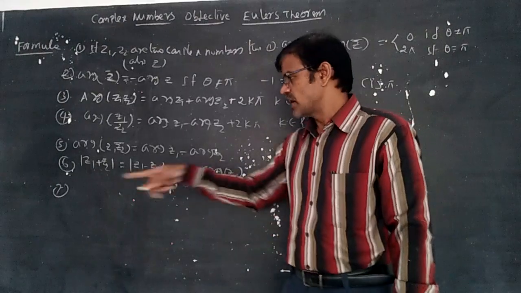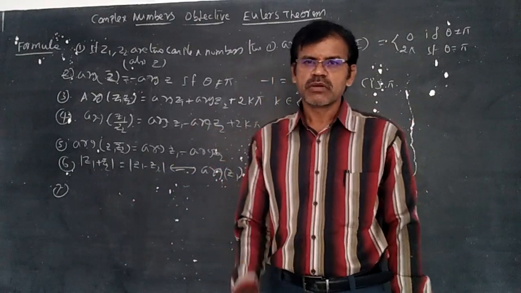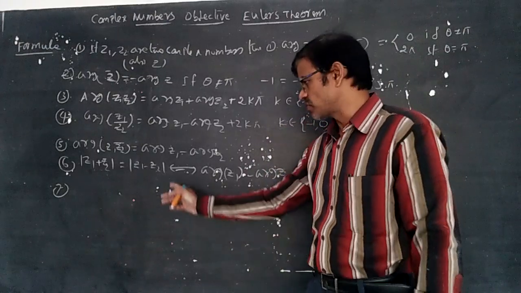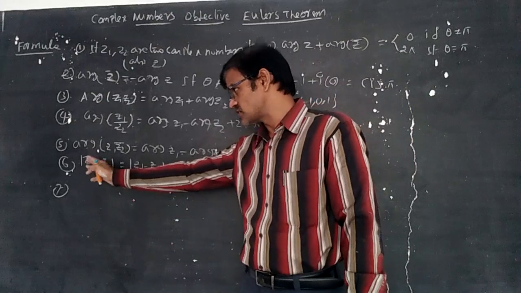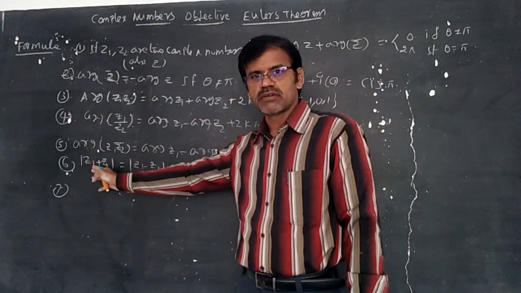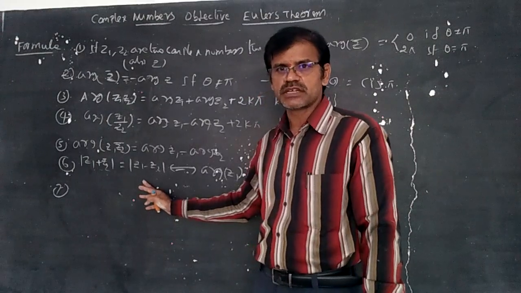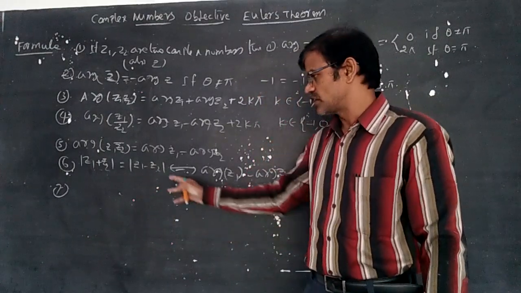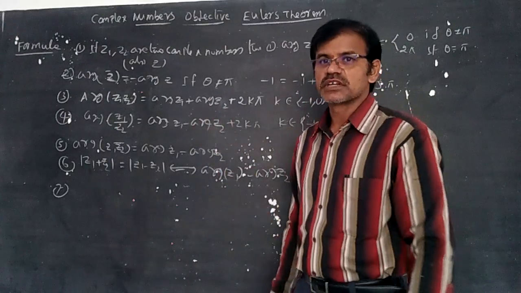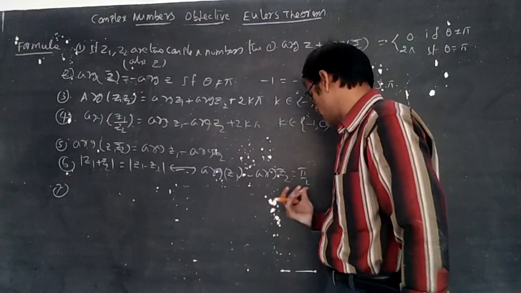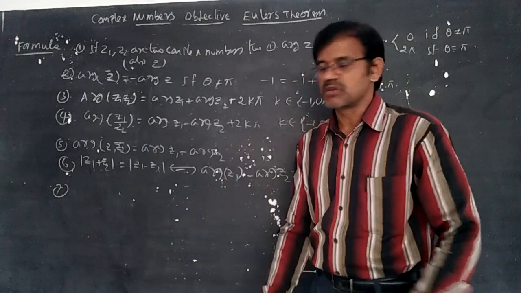Take the modulus: root of cos theta 1 minus cos theta 2 whole square plus sin theta 1 minus sin theta 2 whole square is equal to root of cos theta 1 plus cos theta 2 whole square plus sin theta 1 plus sin theta 2 whole square. Expand like this. At last you will get cos theta 1 minus theta 2 as 0, using the cos A cos B plus sin A sin B formula.